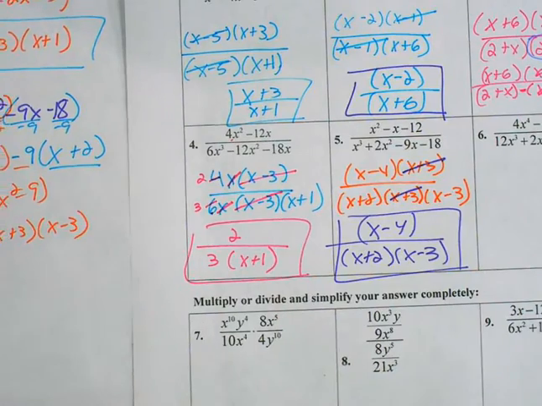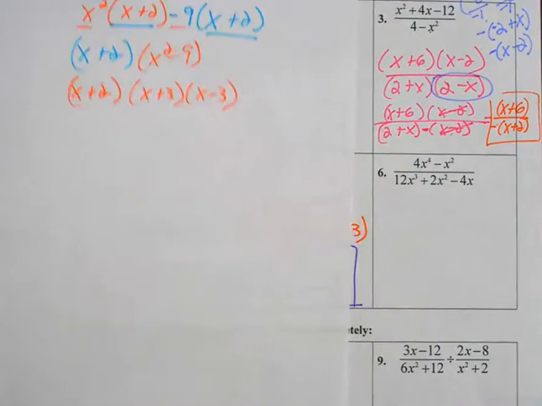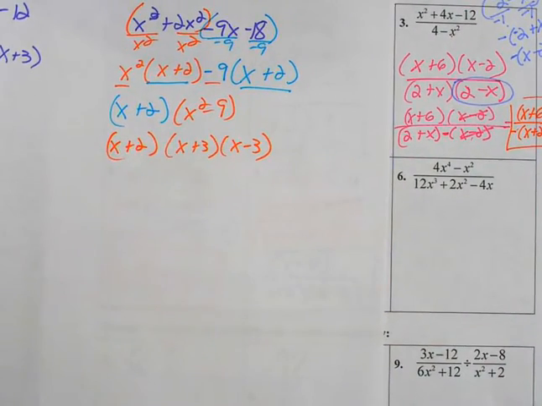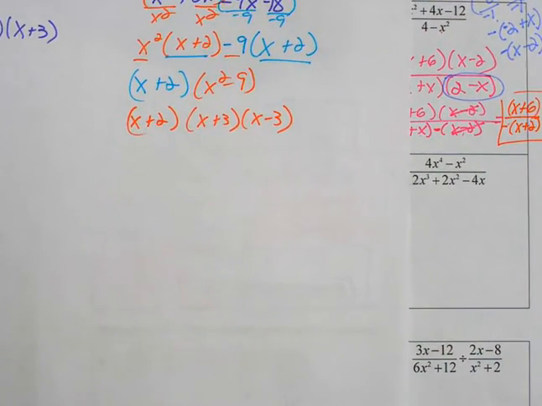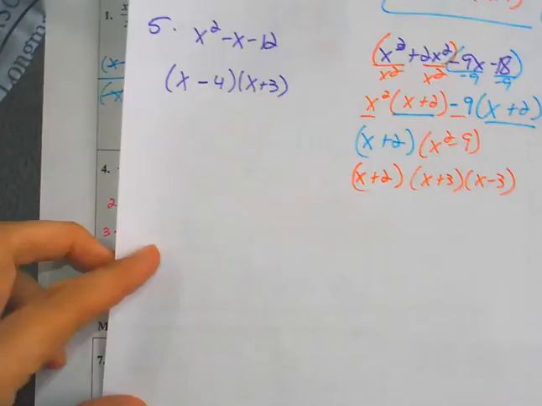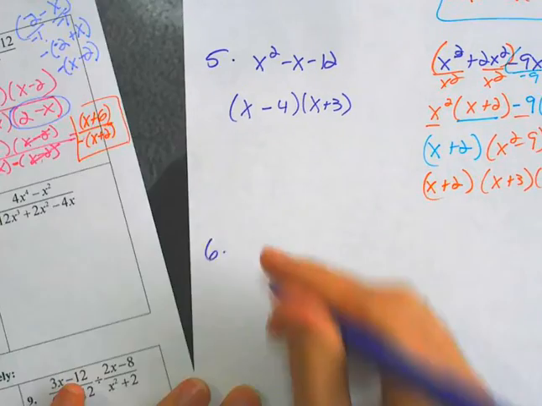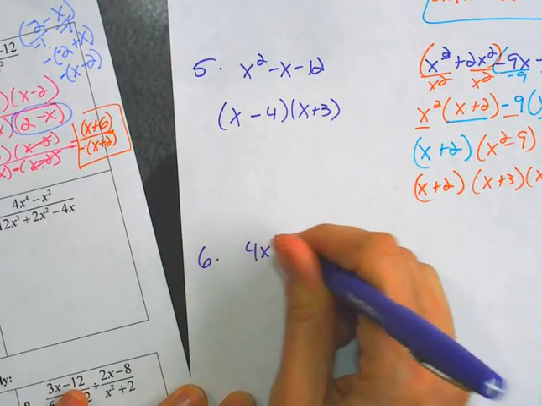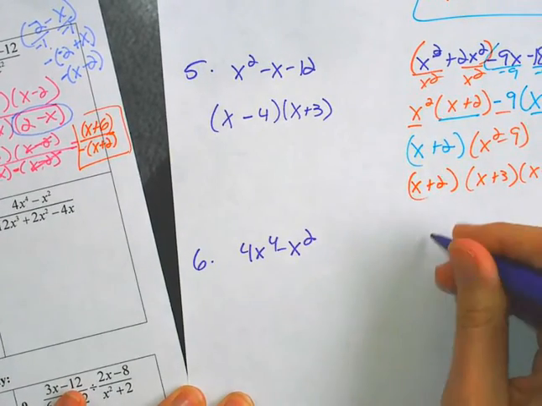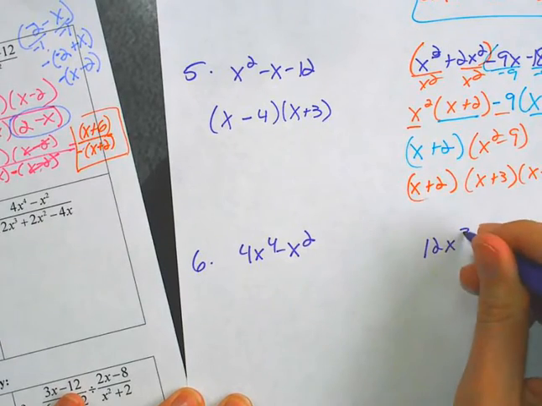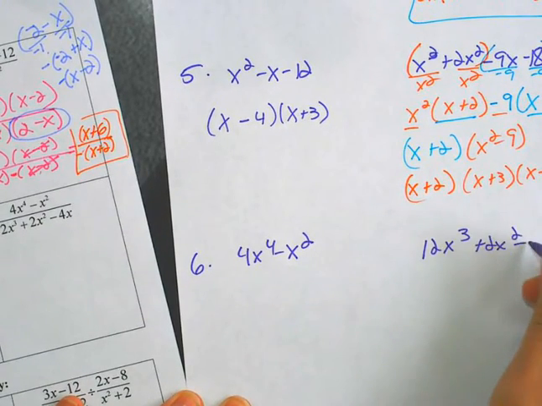Okay, one more. So we're going to factor this over here. So 6. The two things we're factoring are 4x to the 4th minus x squared, and then 12x to the 3rd plus 2x squared minus 4x.